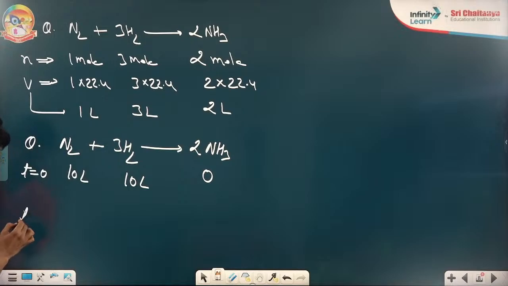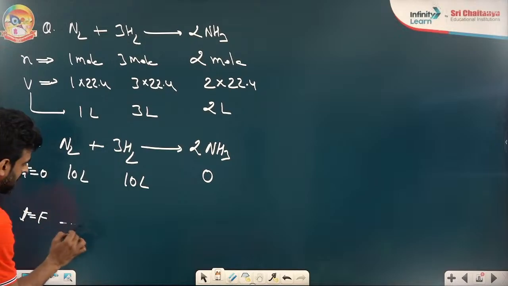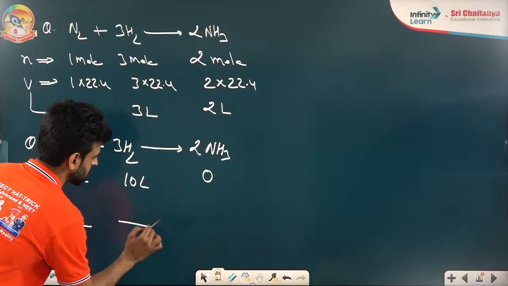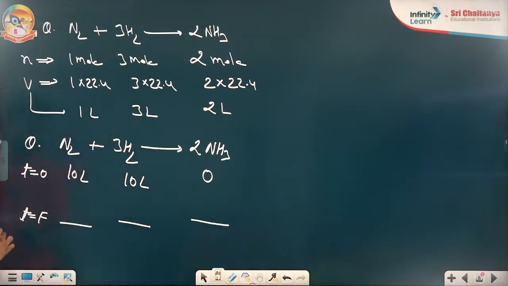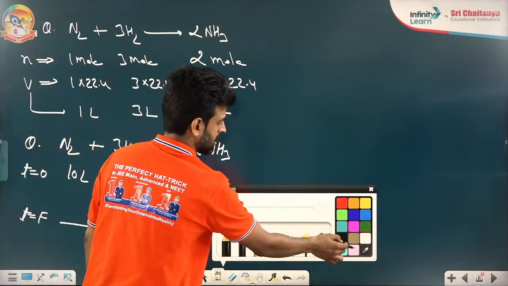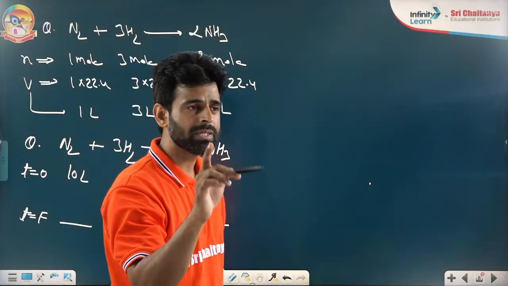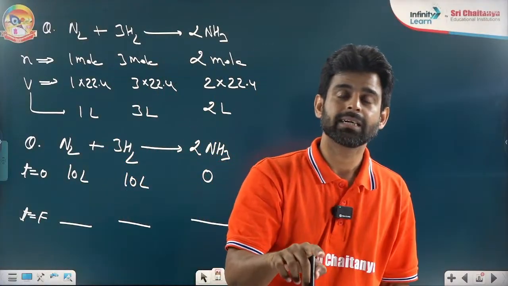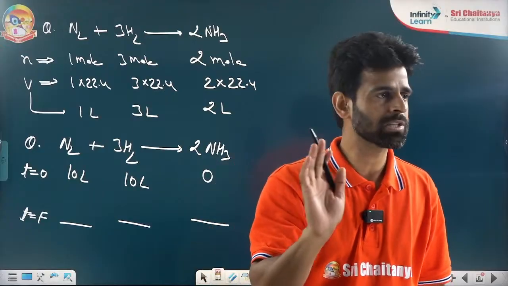In the question they're asking, finally find how many liters of N2 are left, how much H2, and how much ammonia. Now there is no need to convert volume into moles. Directly you can solve the question.